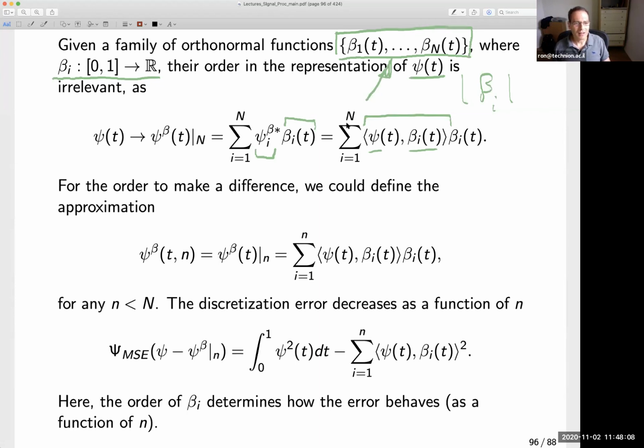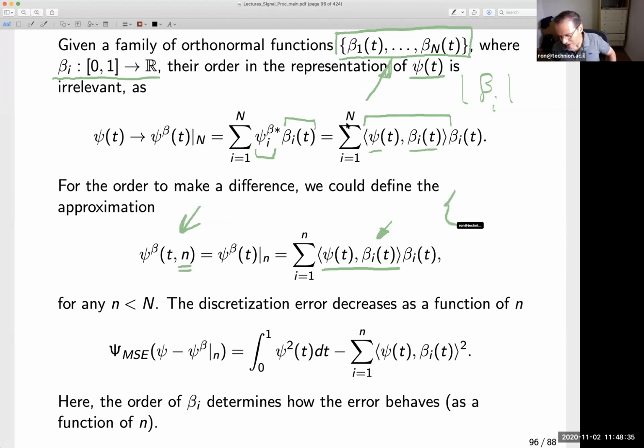In order to do that, what I do is now relate to an approximation of psi as being a way of choosing only n of these numbers. So now I'm projecting my psi on only the first beta i's that define my orthonormal functions.